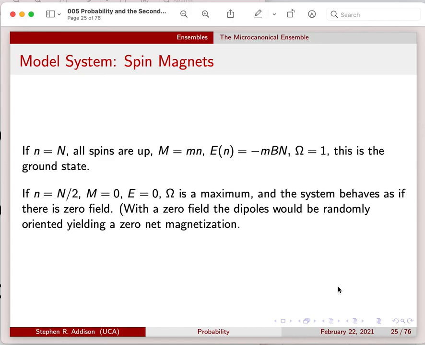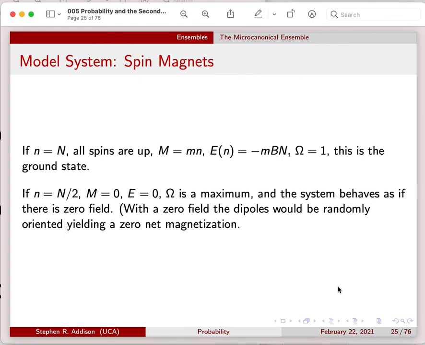If little n is equal to big N, all of the spins are up, and the energy is simply equal to minus M times B times N, and omega is equal to 1. That's the ground state, or the lowest energy state.